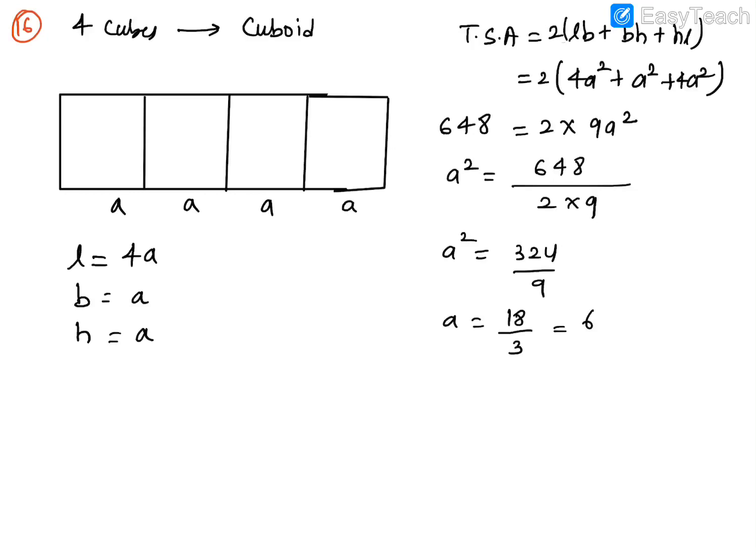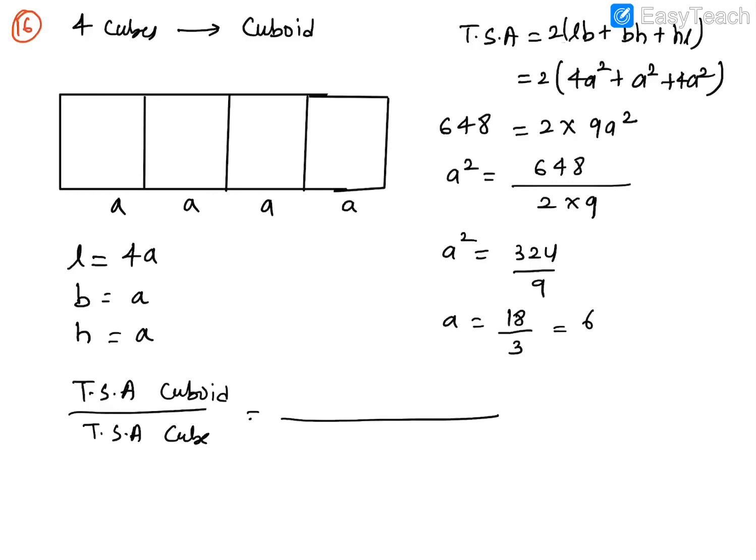Now they're saying find the ratio between the surface area of the resulting cuboid and the surface area of a cube. So now we are finding the ratio of TSA of a cuboid divided by TSA of a cube. So for a cuboid, what can we do?